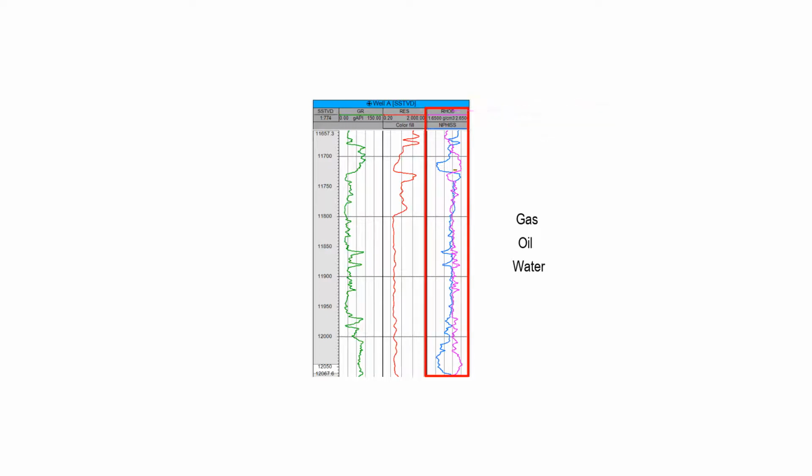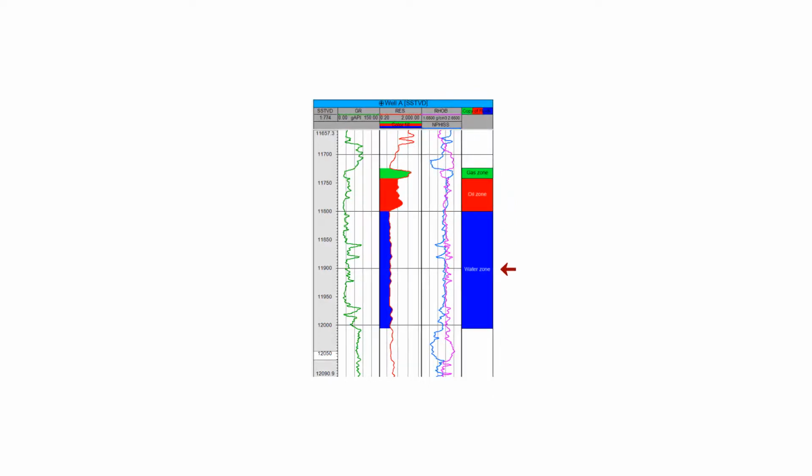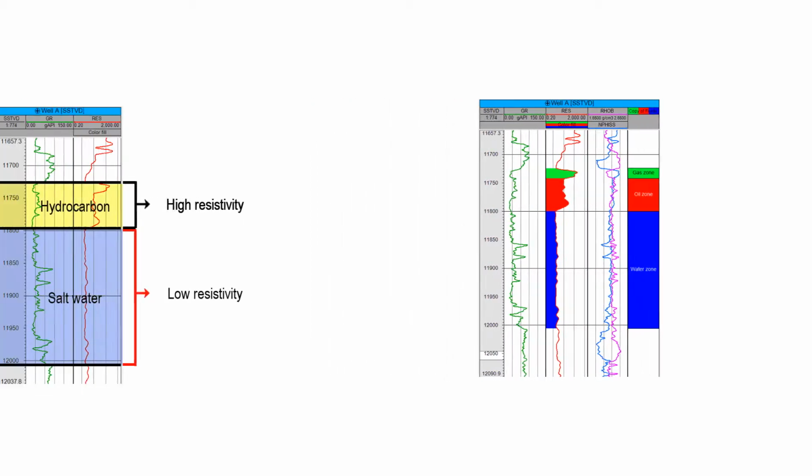And since we have low neutron and density porosity logs, the type of hydrocarbon we have on top of this sand is gas. And then we have oil directly below the gas due to higher neutron and density porosity logs, because oil has high density and hydrogen index. And below the oil, we have brine, that is, water with high concentration of salt. And if you recollect, salt water has been identified by the resistivity log in track 2.